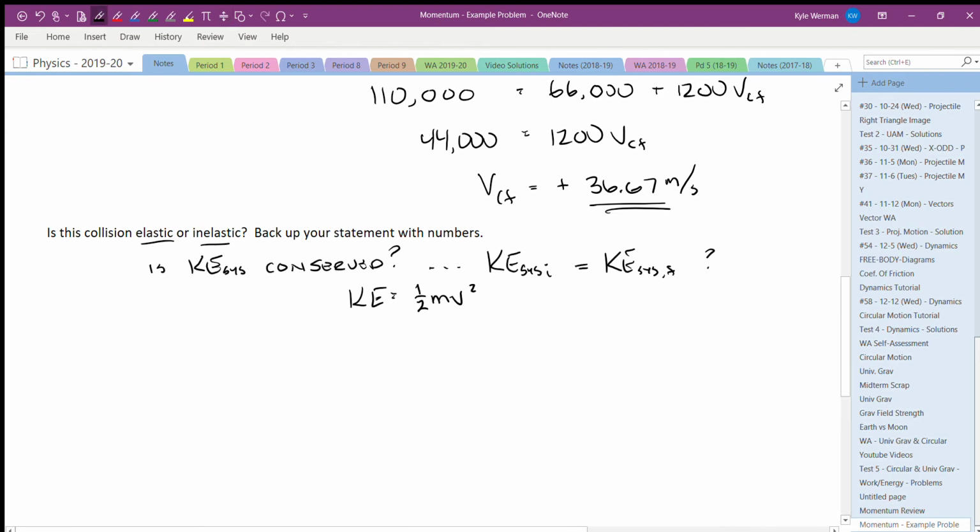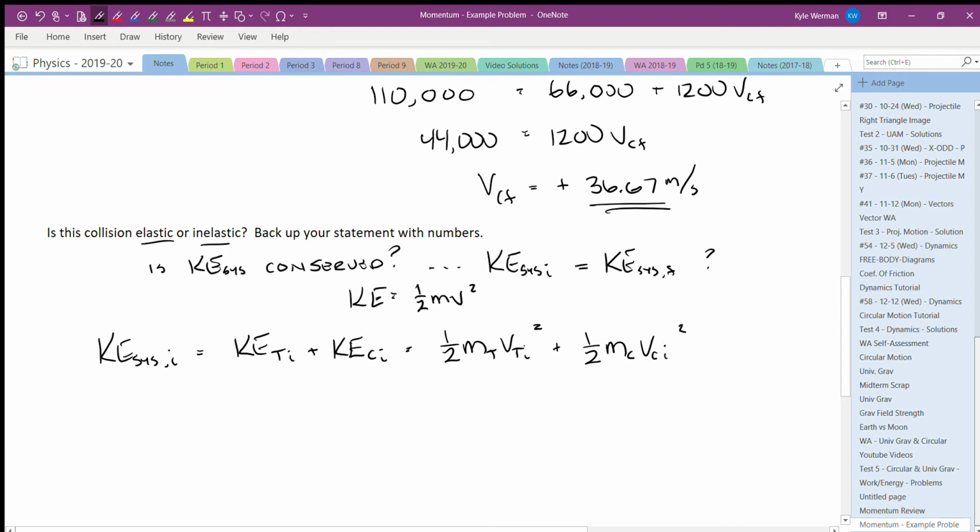And so we're going to look at the kinetic energy of the system at the beginning, and that's just the kinetic energy of the Tesla at the beginning plus the kinetic energy of the Civic at the beginning. And that's just 1/2 the mass of the Tesla, velocity of the Tesla at the beginning squared, plus 1/2 the mass of the Civic, velocity of the Civic initially squared.